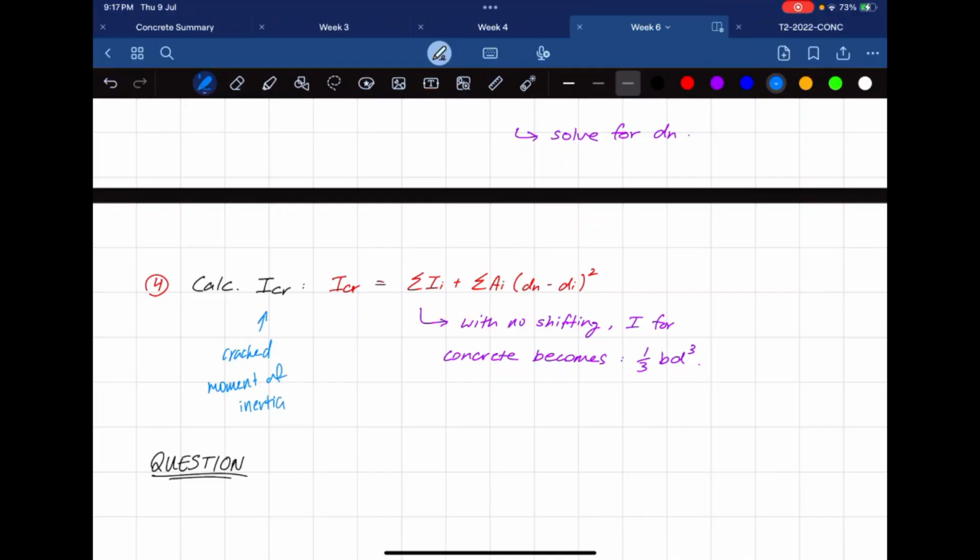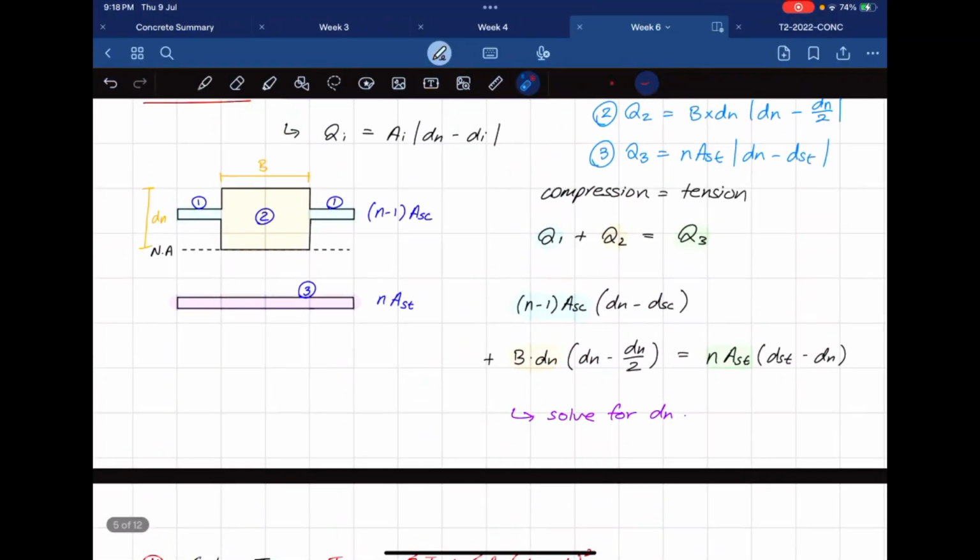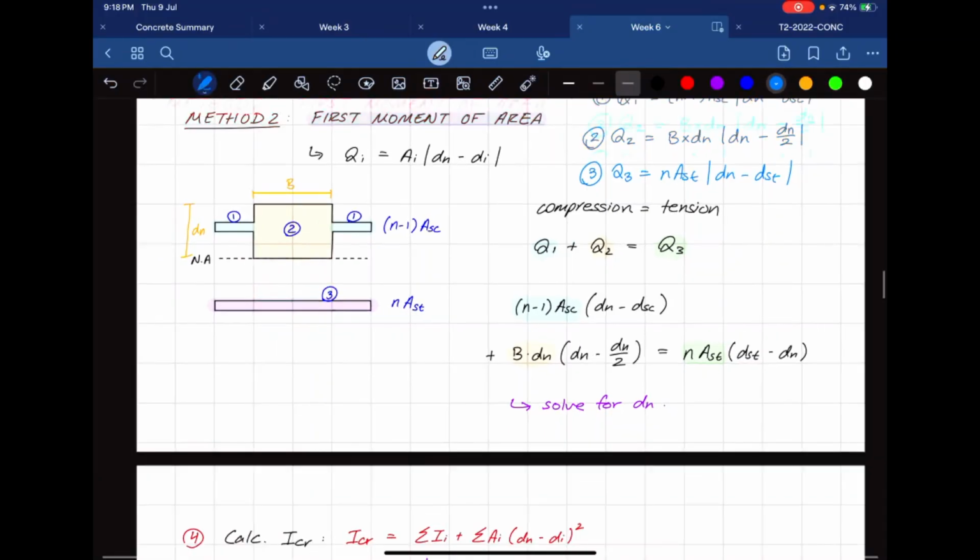It's not the moment of inertia when the section cracks. That's just not true. There's really no physical way to actually explain it. It's just a value that we use. You literally calculate it the exact same way as IG, except you just don't have your compressive concrete. There's nothing special about it.